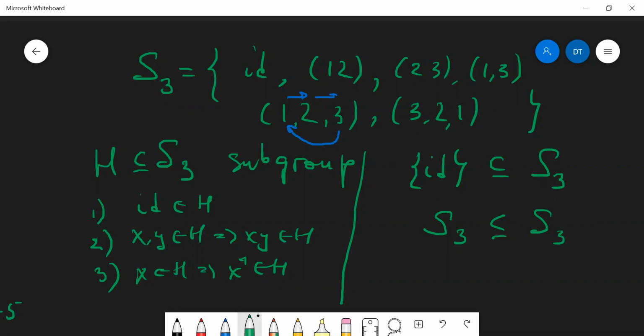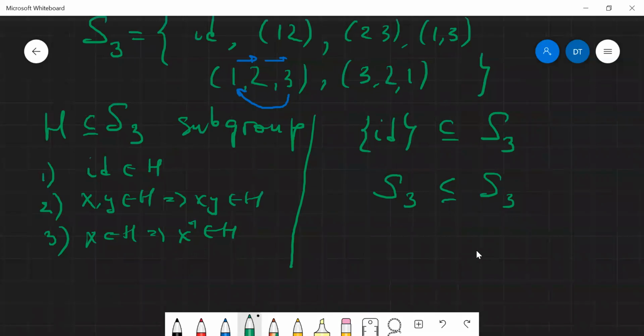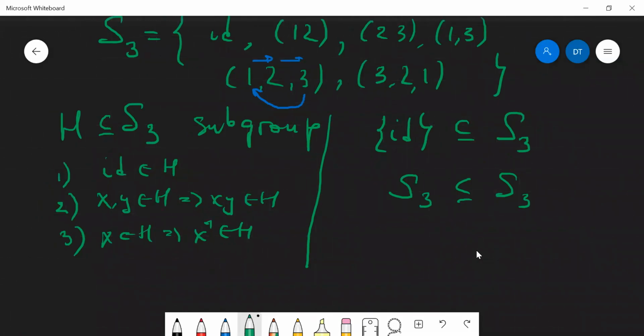But could you name explicitly the elements of this subgroup? Okay, there is another example. So the guys came up with two examples. Let me call them example 1, example 2, example 3. Example 3 was A3, which is the even permutations.